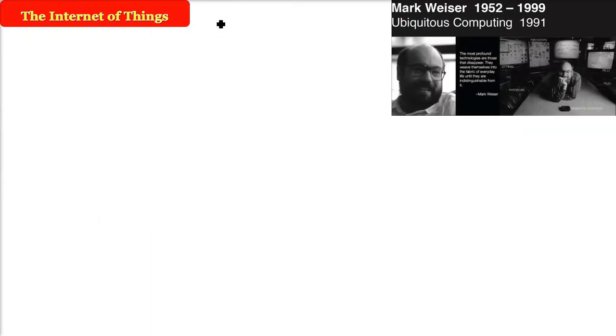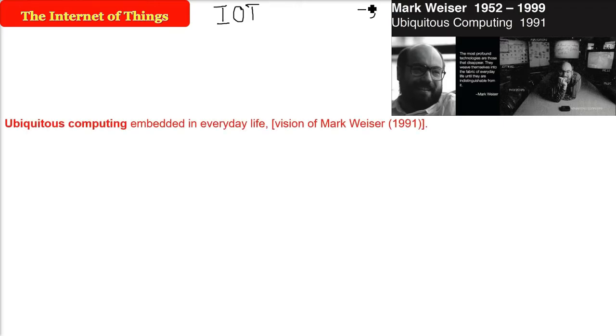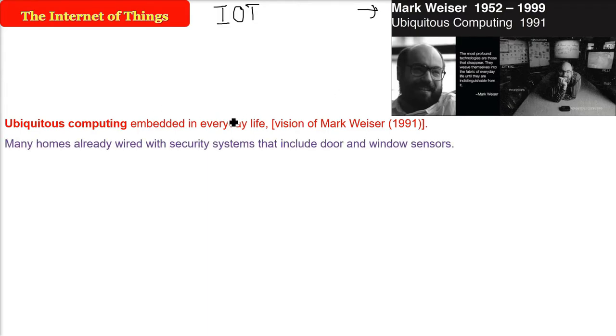The Internet of Things. This Internet of Things is very important because you know Mark Weiser. He came up with the concept in 1991, ubiquitous computing. He said computers will be everywhere.